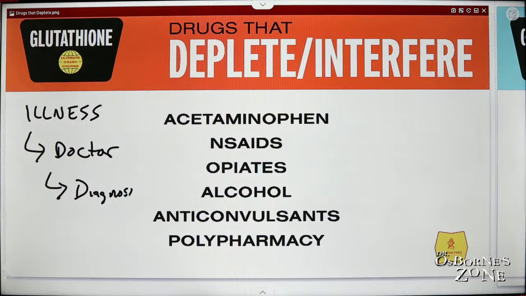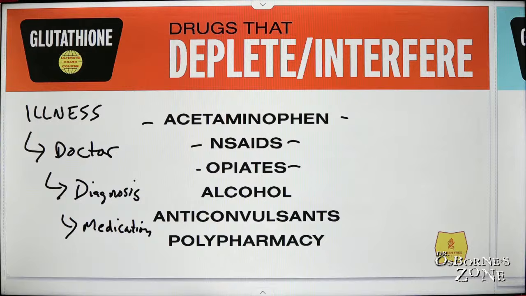That diagnosis generally matches a medication. For example, your diagnosis is headache. Maybe they pull out acetaminophen or NSAIDs. If your diagnosis is severe back pain, maybe they even pull out some of the opiates, right? The bottom line is, this is the way it works. You go to the doctor because you're not feeling well, you get a diagnosis, you get a medication.